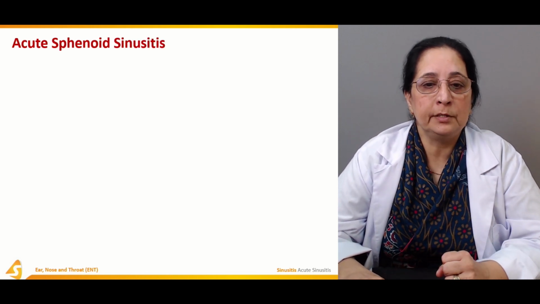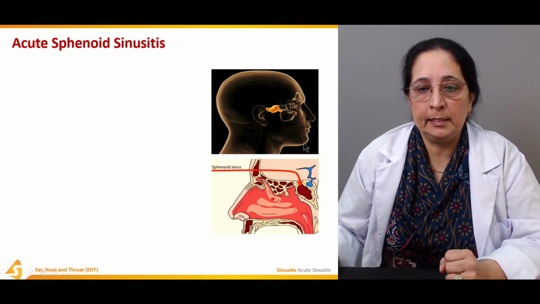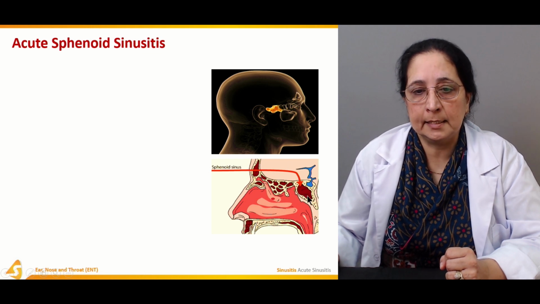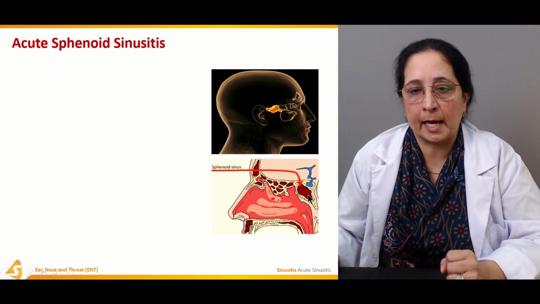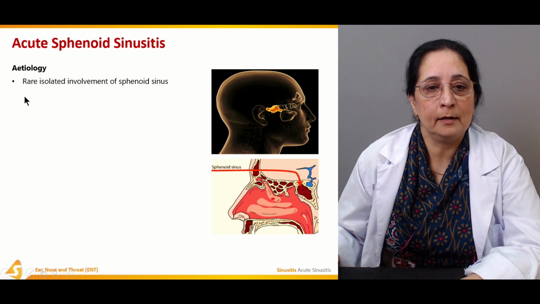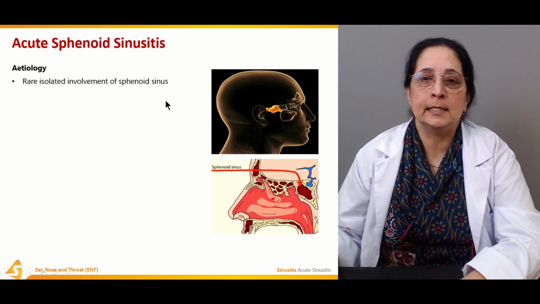Then acute sphenoid sinusitis. Here, if you see the lateral picture, at the back there is the sphenoid sinus. This is the sphenoid sinus. The etiology is rare isolated involvement of the sphenoid sinus.